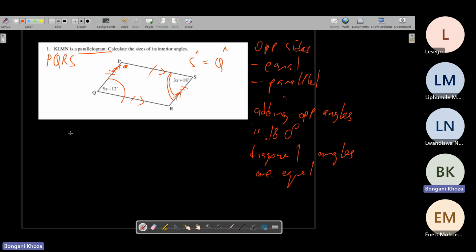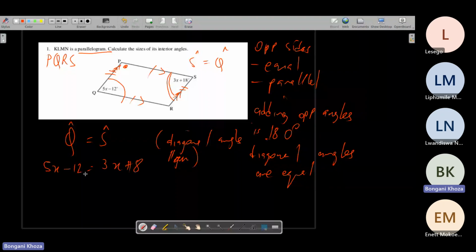So angle Q is equal to angle S. The reason is that these are diagonal angles in a parallelogram. So we can now say 5x minus 12 equals 3x plus 18.